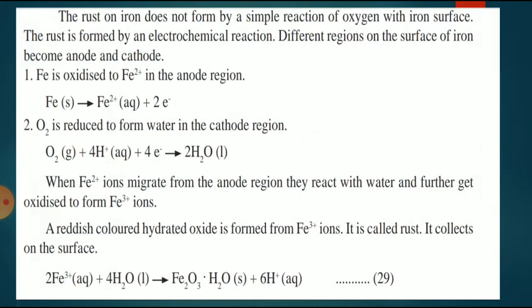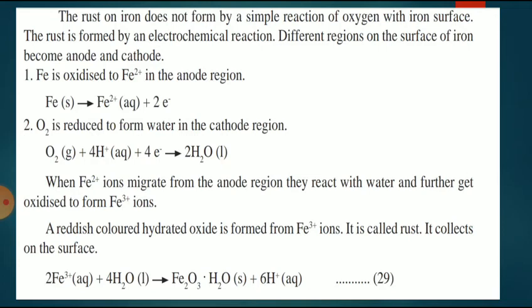The rust on iron does not form by a simple reaction. Already I have told you that it is an electrochemical reaction. Fe is oxidized to Fe2+ ion in the anode region. Do you remember what we studied in a previous standard?